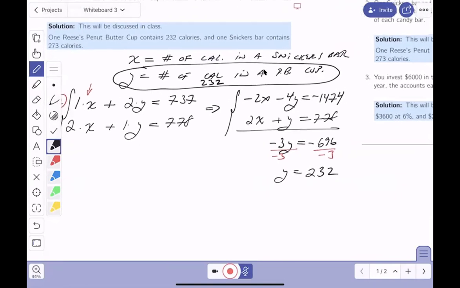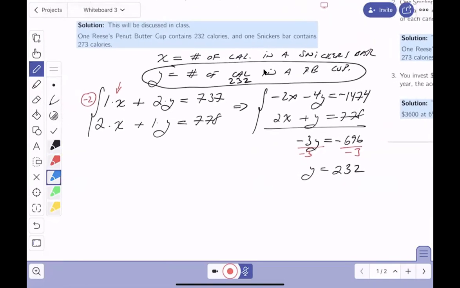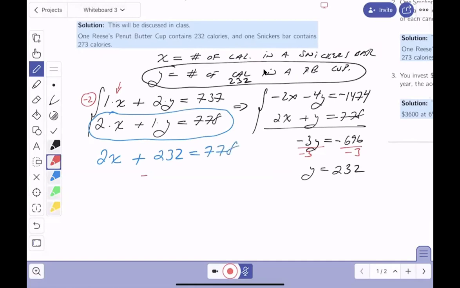Now, someone says, how would you figure out X? I would try to take this equation over here and just plug it in. And what do you get? 2X plus Y. Well, Y, I believe, is 232, right? Equals 778. I'm going to subtract 232 from both sides. And what do you get? You get 2X equals 546.